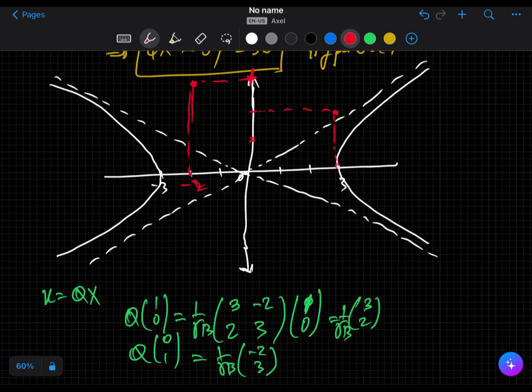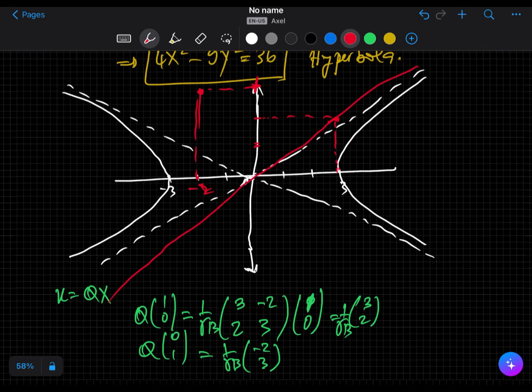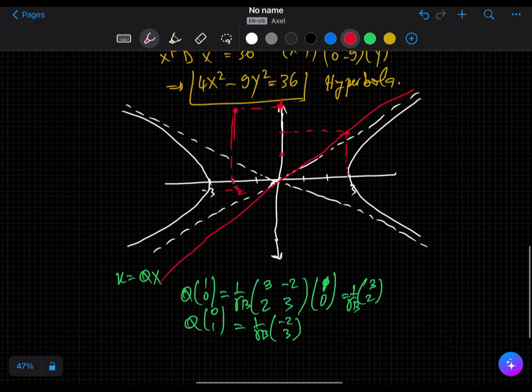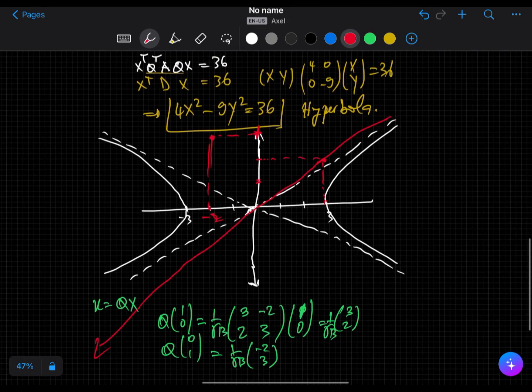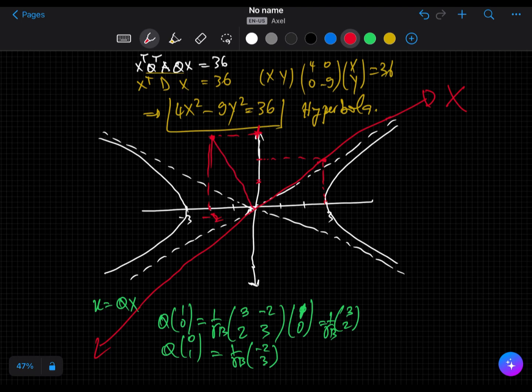So here's where I'll plot my new axis this way. This will be x. And then I'll have my new axis here. This will be y, right? So then I will have 1, 2, 3.